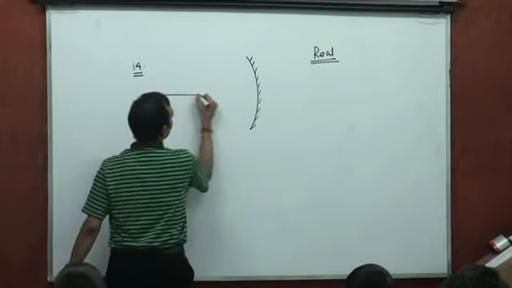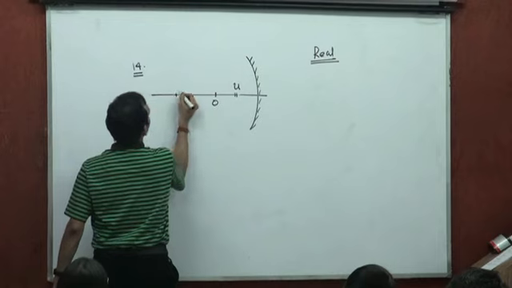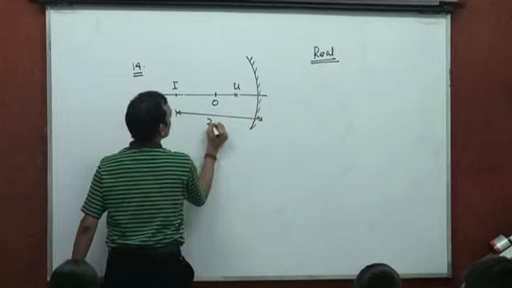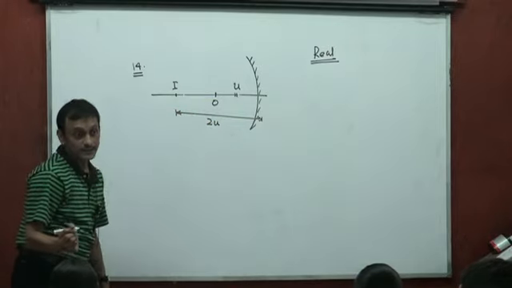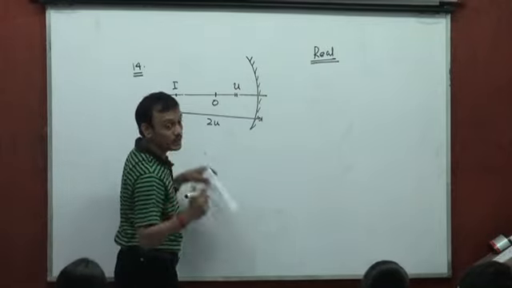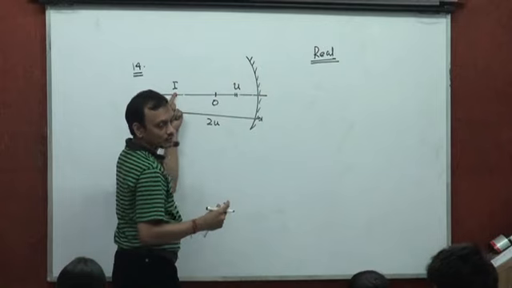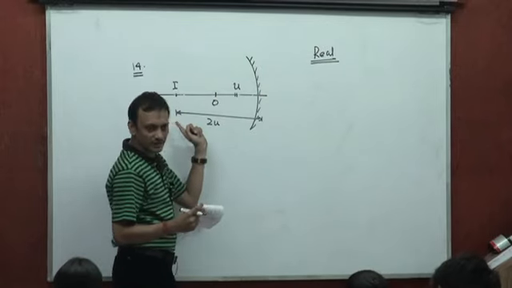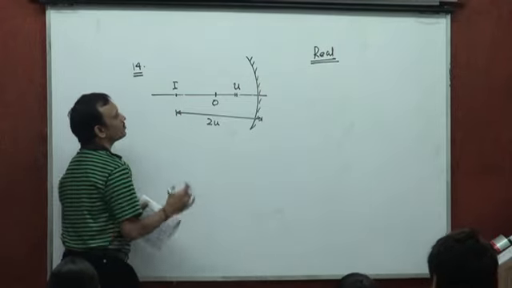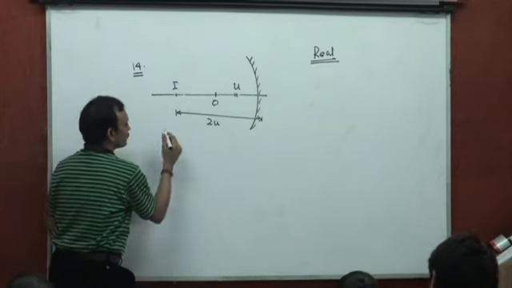So image real means, if this is the object at a distance u, its image I would be at a distance 2u, yes or no? Because the magnification is given to be 2, doubly magnified. So image distance would be twice the object distance, and real image means formed on the same side of the mirror, object and the image. So the distance between the object and the image would be u, and what would that be?